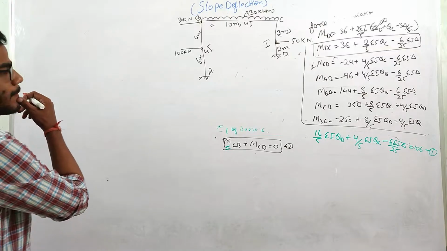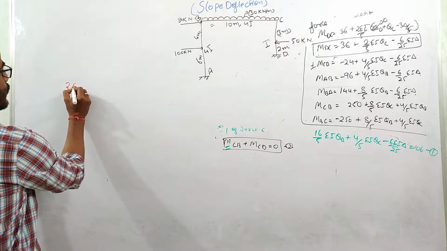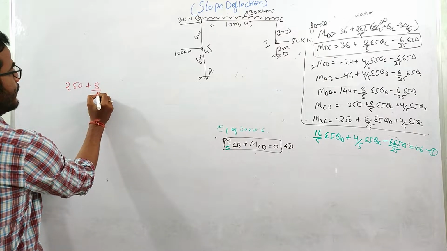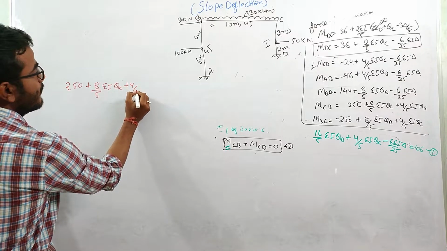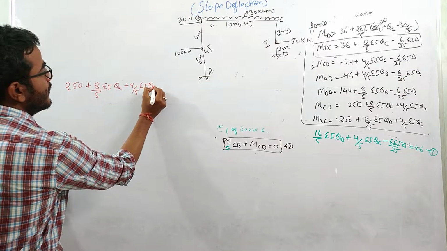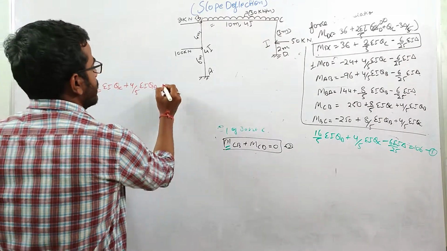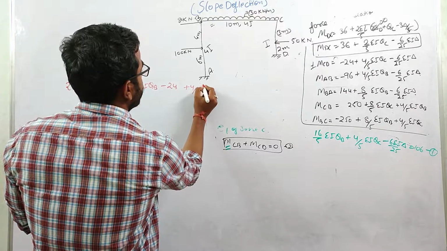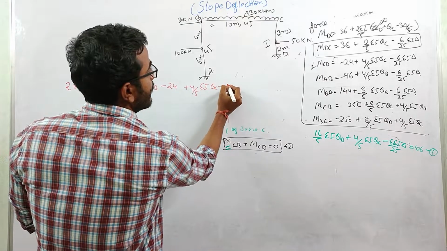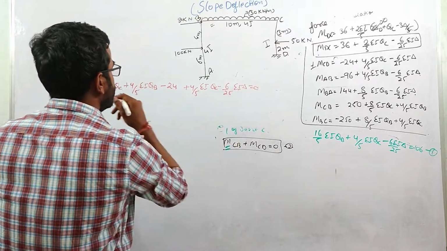MCB is nothing but 250 plus 8 by 5 EI theta C plus 4 by 5 EI theta B. And what is the value of MCD? MCD is minus 24 plus 4 by 5 EI theta C minus 6 by 25 EI delta, and this should be equals to 0.